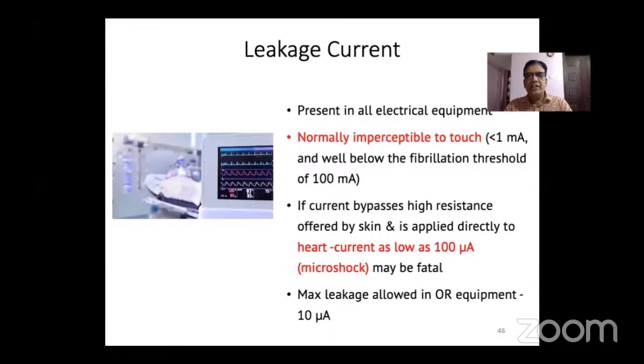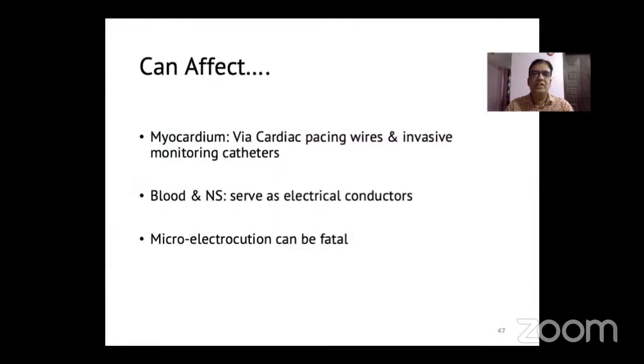All said and done, taking all the precautions, there could be leakage current, which is part of all electrical equipment. It is normally imperceptible to touch, less than 1 microampere. But if current bypasses the high resistance offered by the skin, and it is directly applied to the heart, as for example in an exposed patient, currents as low as 100 microamperes, called micro shock, may be fatal, and the maximum leakage allowed in OR equipment is about 10 microamperes.